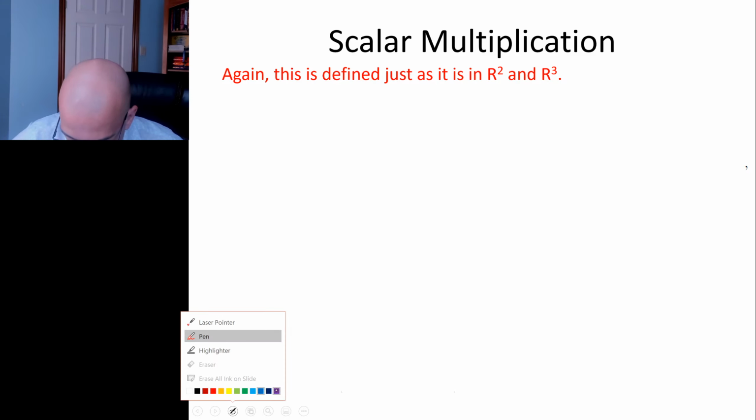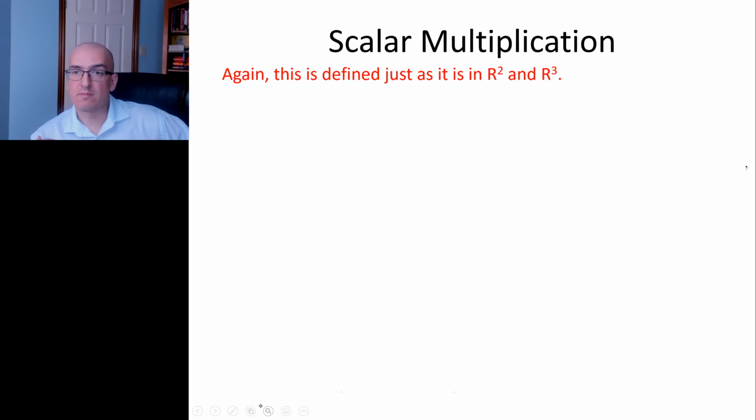The next thing we talked about with vectors was multiplication by scalars and multiplication of a vector by a vector. Scalar multiplication is exactly the same as it is in 2D and 3D, and so is vector multiplication with dot product.